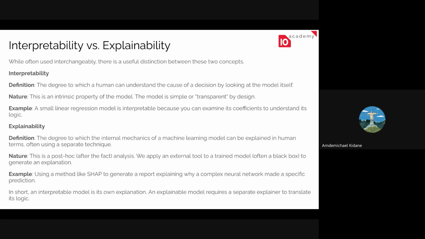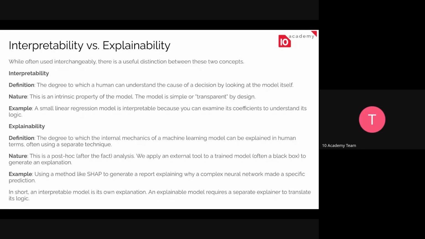What I want to understand is that the interpretability and explainability concept is the way we give our reasons to our customer, like the example on this slide: this decision came because of these features or because of something else. So the reasons for those decisions will be given by something.